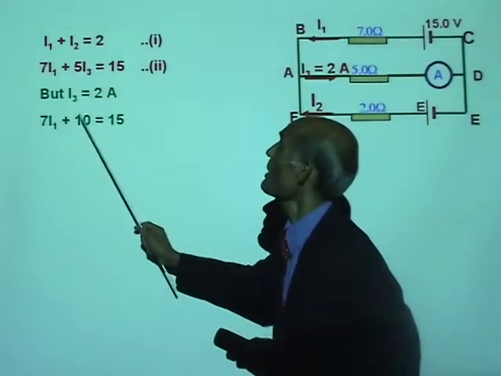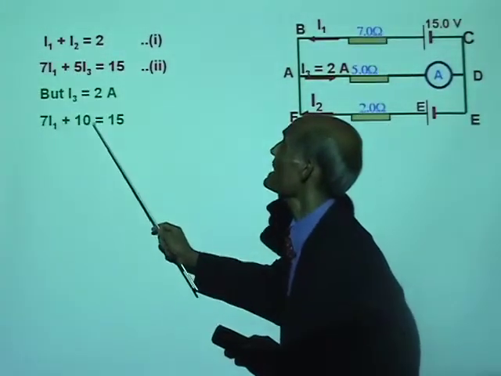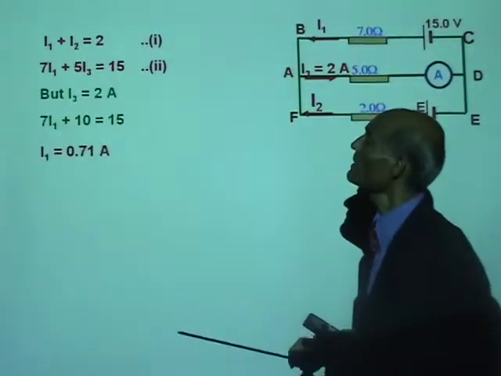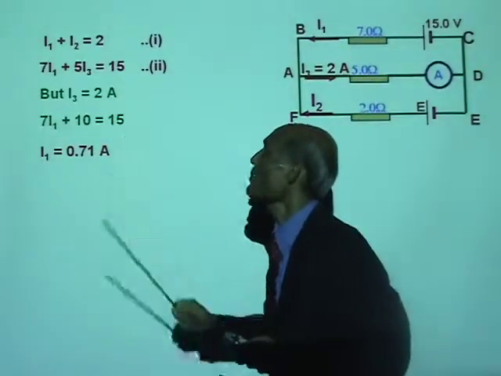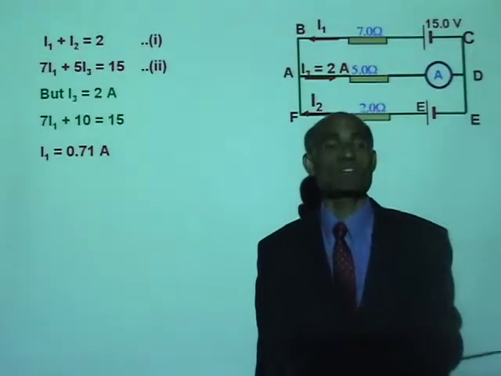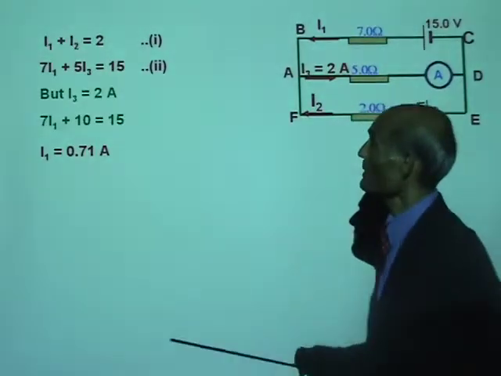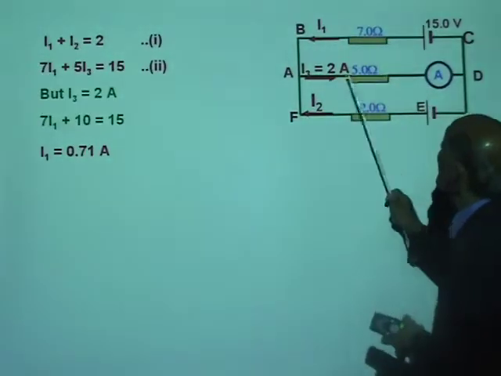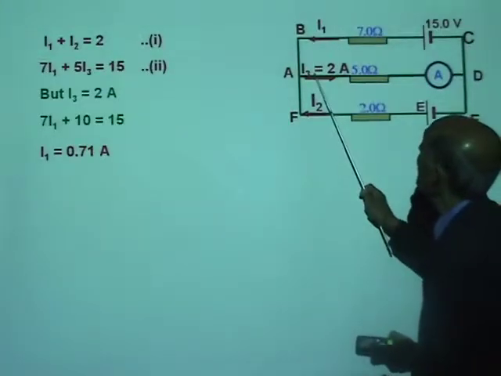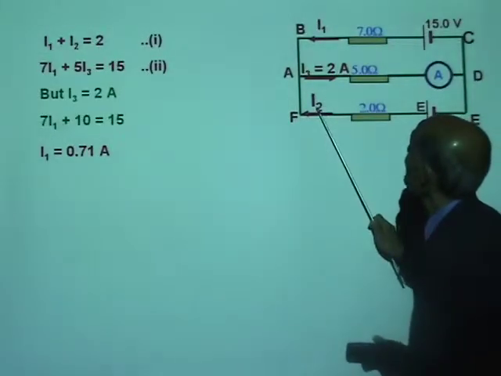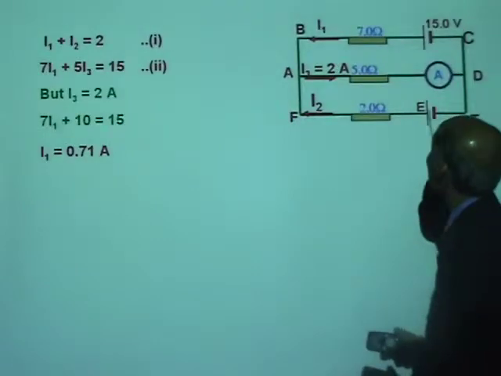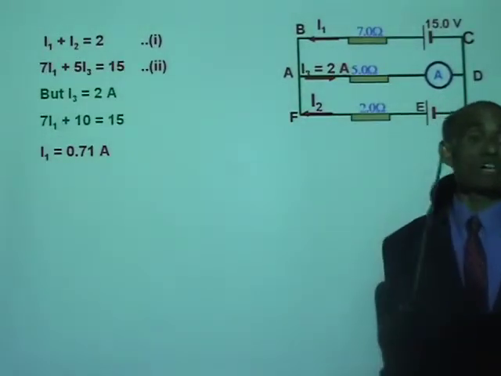That is 7I1 plus 5 times 2, 10 equal to 15. Or that gives me I1 equal to 0.71 ampere. So now you know I1, you know I3, we have only now I2 and E that needs to be determined.